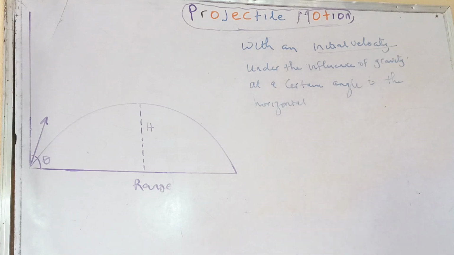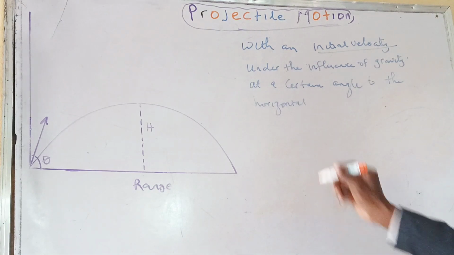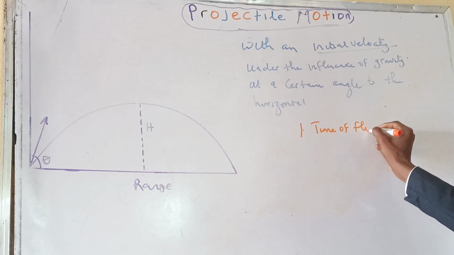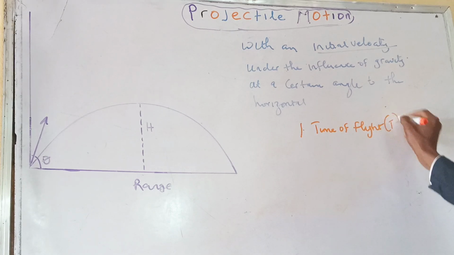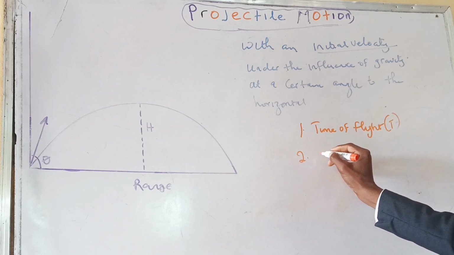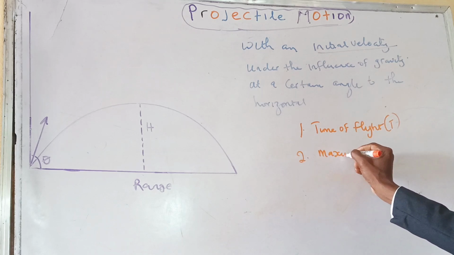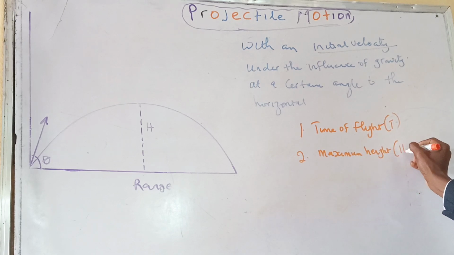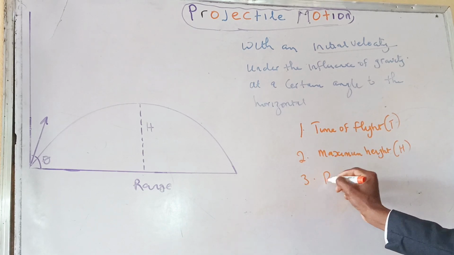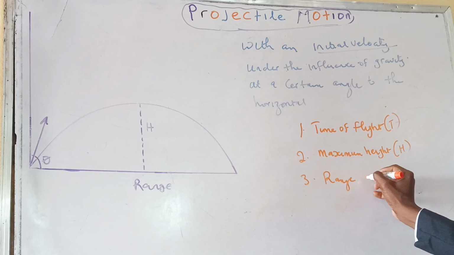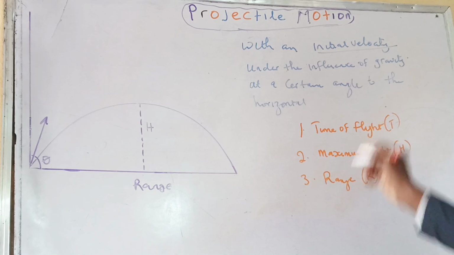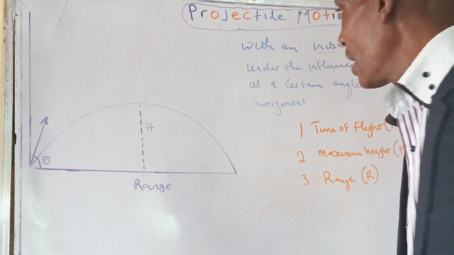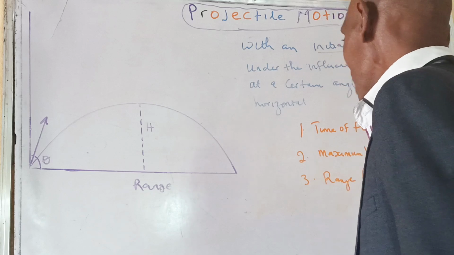They include one, time of flight, which I will represent by capital T. Two, maximum height, which I represent by capital H. Three, range, which I represent by R. These are three concepts that we must always have at the back of our mind if we are to understand projectile motion.